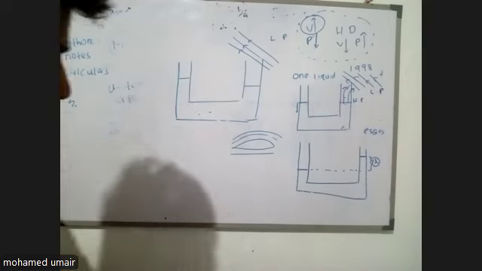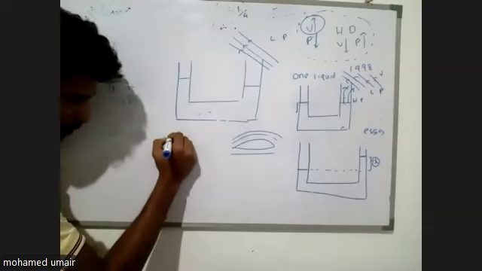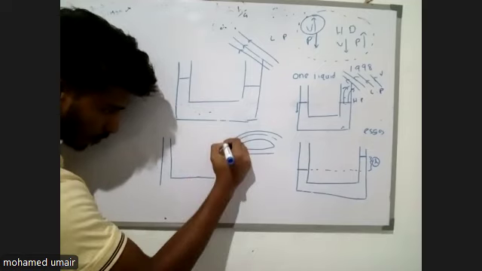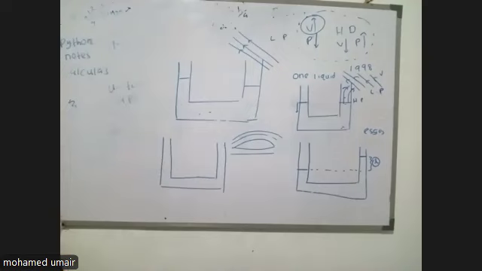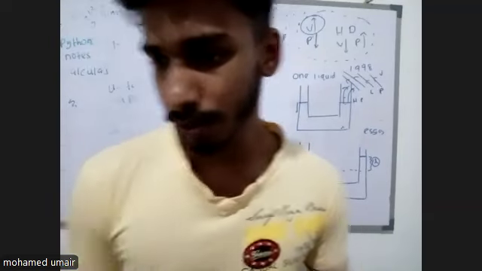So let me just write here. We are having two different liquids, A and B. As we have already found, liquid A has a lower density than liquid B. In the previous part I was discussing that, with the height levels, we came to that conclusion.